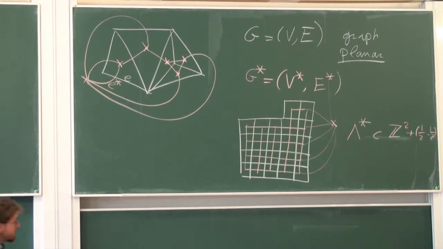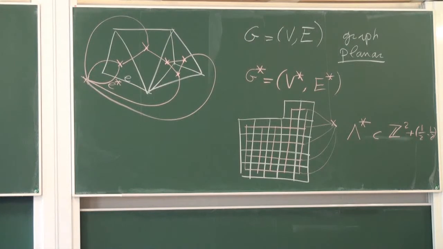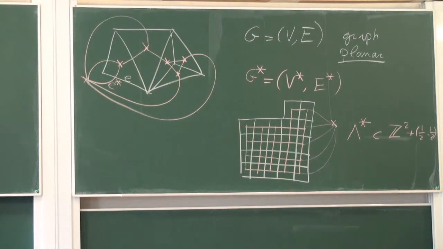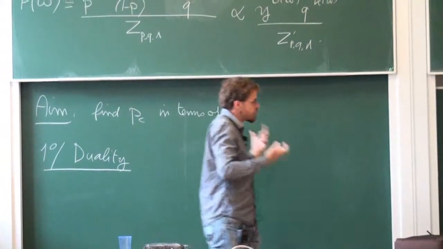And the key idea will be, if there is a finite component or a small component in omega, that's because this is a set of open bonds, but it's surrounded by a set of closed bonds. And this fact of being surrounded by closed bonds, it turns out that there is a nice way to state it in terms of the dual graph.